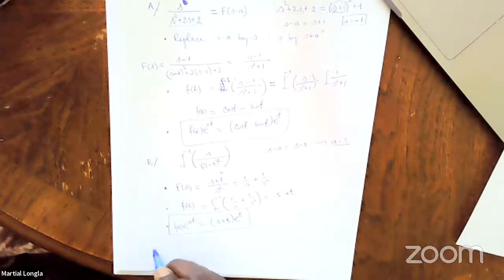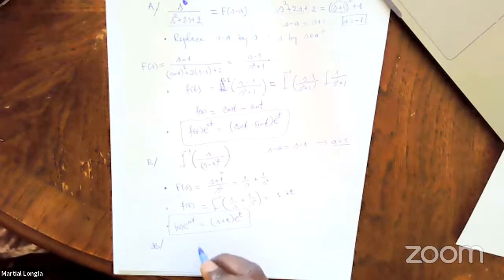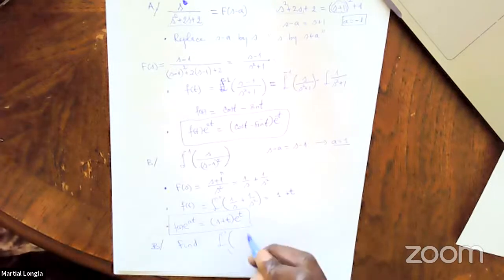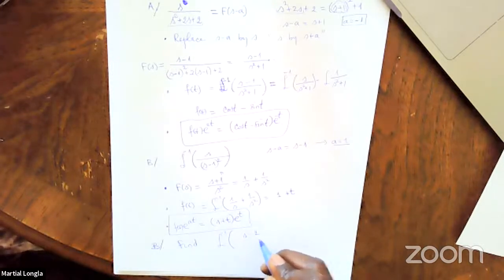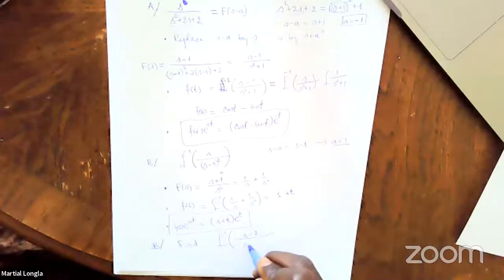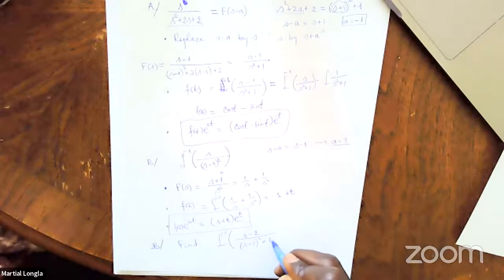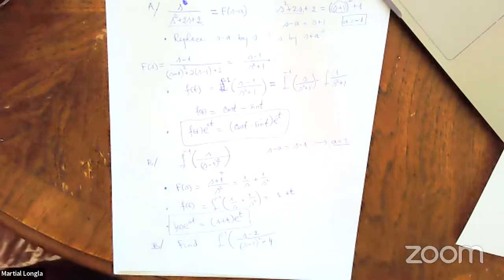Now let me give you this example that I hope you will easily do. Find the inverse Laplace transform of s minus 2 over s minus 5 squared minus 4. Use the translation theorem.